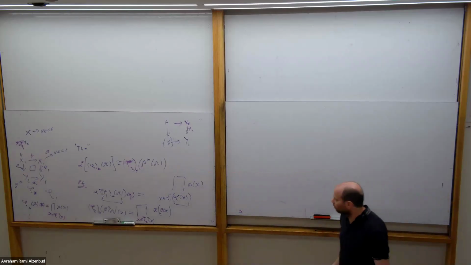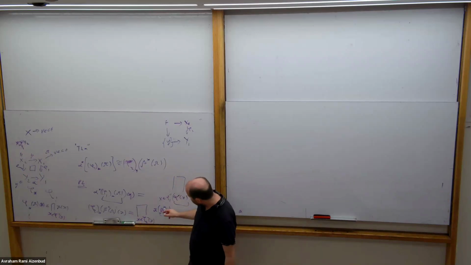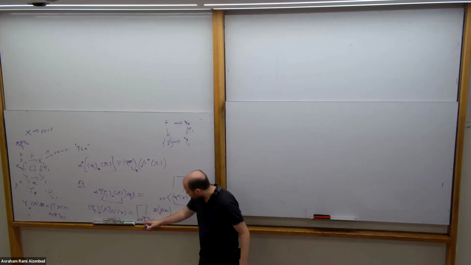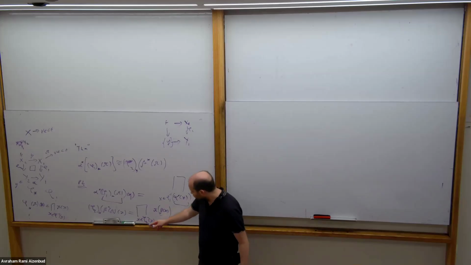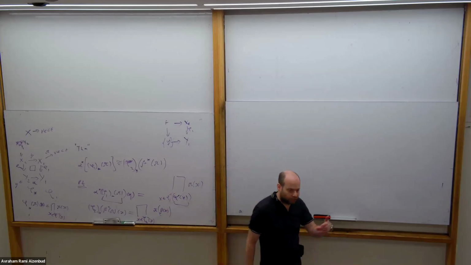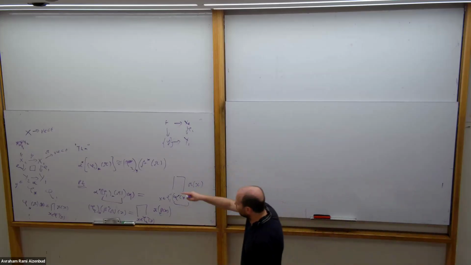And now this is obviously the same, because the fiber of y under phi2 is bijective to the fiber of alpha of y under phi1. And the bijection is exactly given by beta.